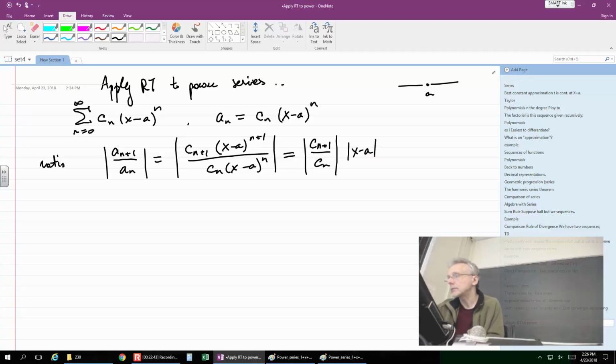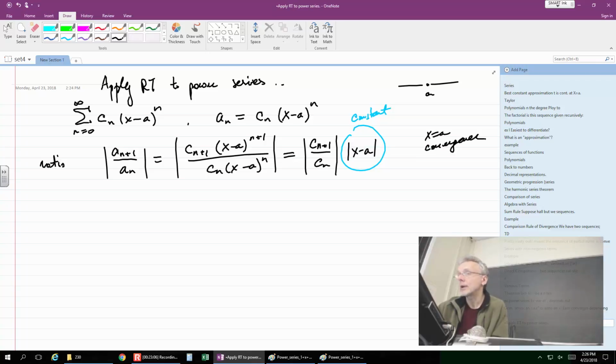This is a constant multiple, so it will not make any difference as far as convergence is concerned unless it is equal to 0. If x equals a, obviously we have convergence. That's not interesting: if I plug in x equals a, I'll have a bunch of zeros, so it converges.